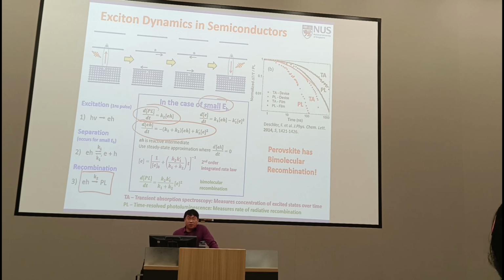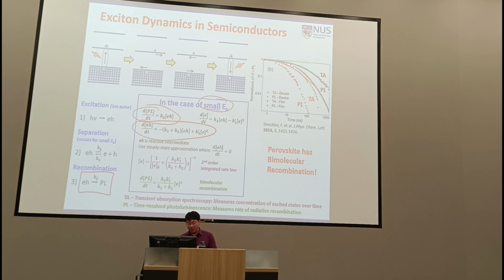It's the rate of formation, or the rate of change, of exciton concentration. What can cause a change in exciton concentration? Number one, excitons can form from the recombination of electrons and holes, or the meeting of electrons and holes.